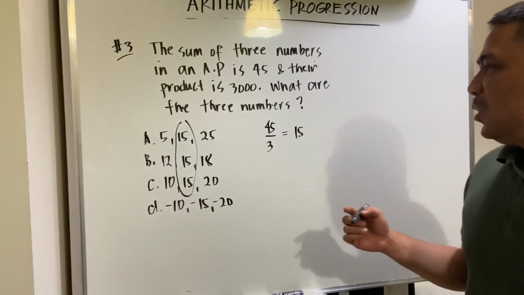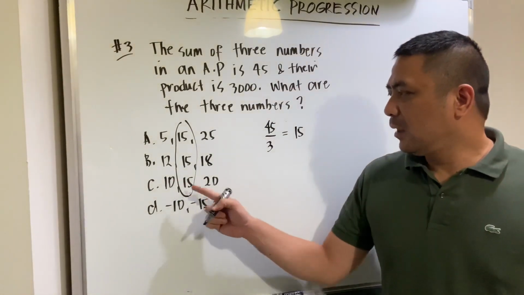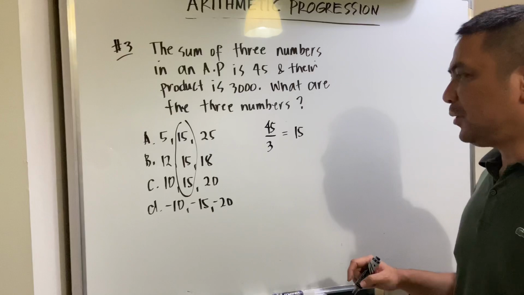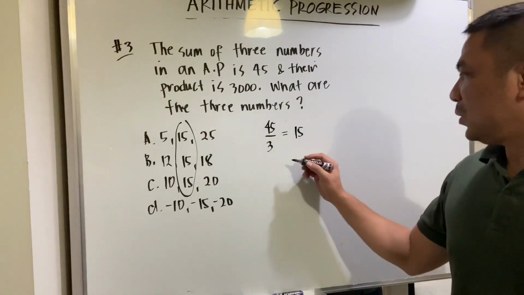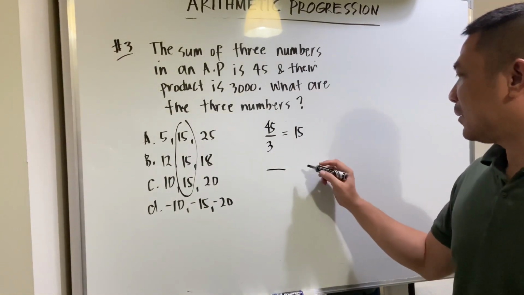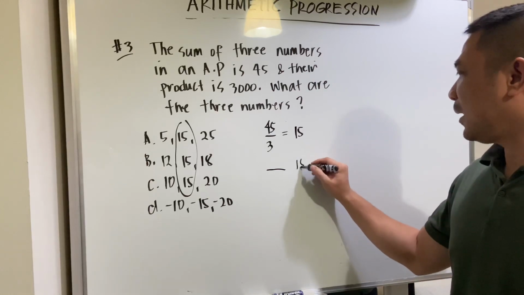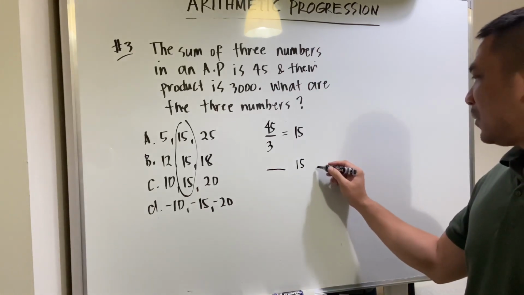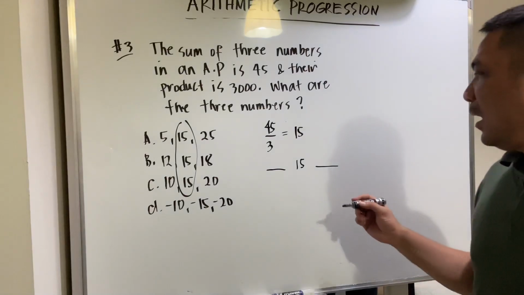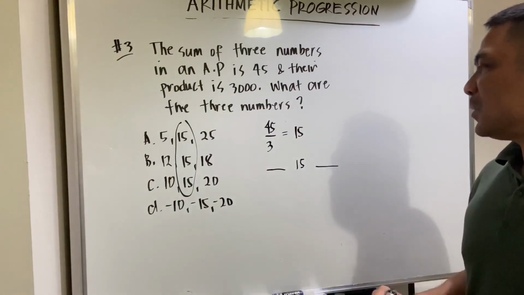So how did we get 10 and 20 for the first and the third term? Let's try to analyze. You have here the first term, then the second term or the middle term, which we identified to be 15, and then the third term we don't know yet.